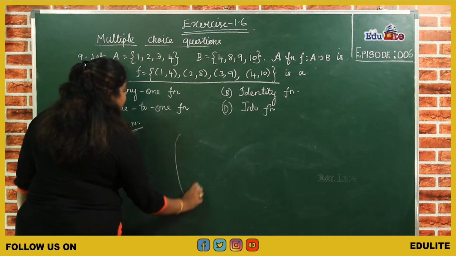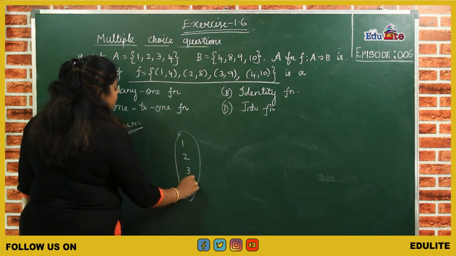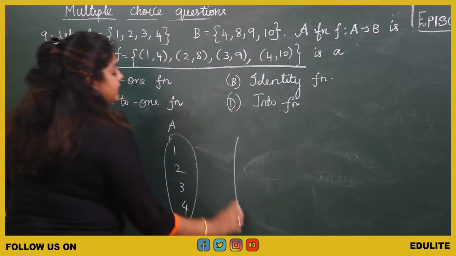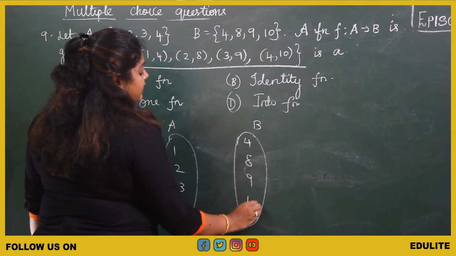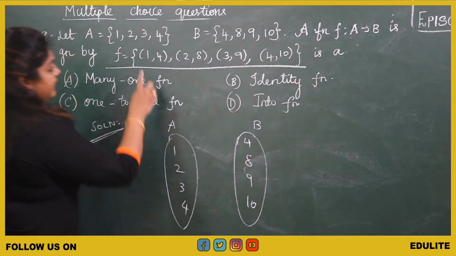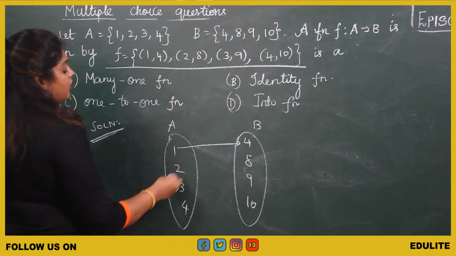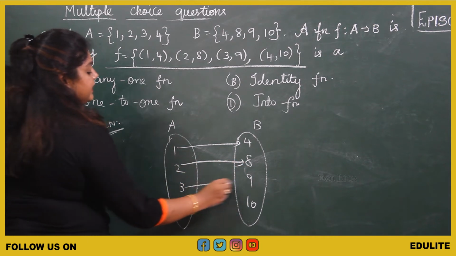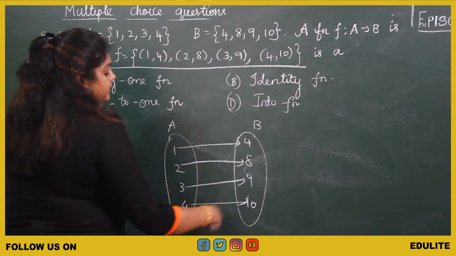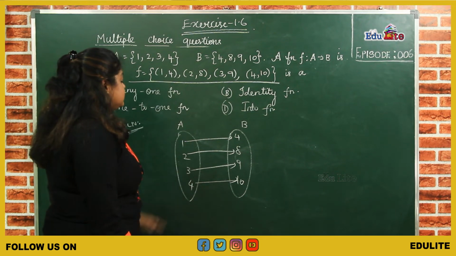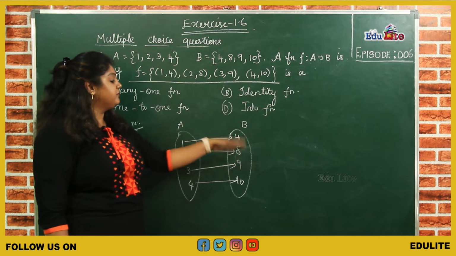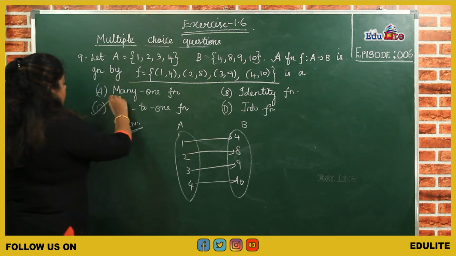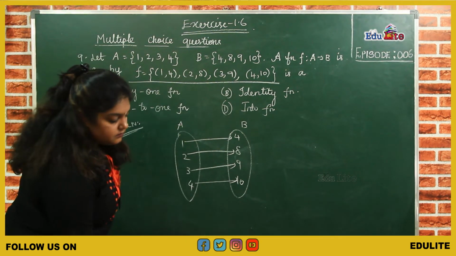The relation is given as 1 is mapped to 4, 2 is mapped to 8, 3 is mapped to 9 and 4 is mapped to 10. What is this function? This is a one-to-one function because every different element in A has a different image in B. Therefore, option C is the right answer.